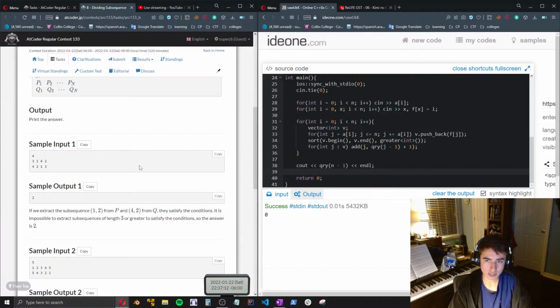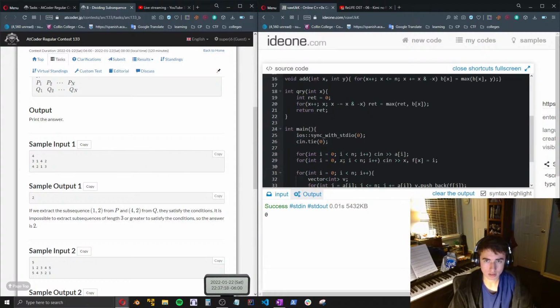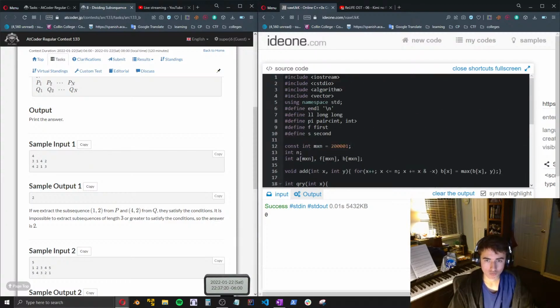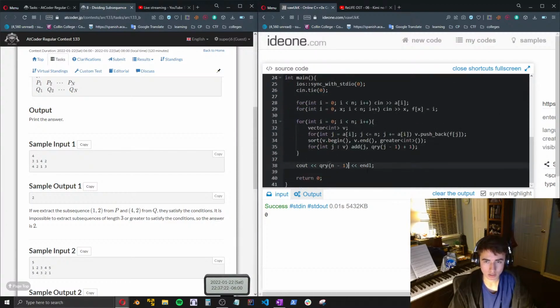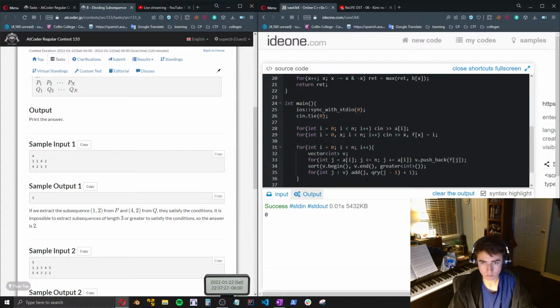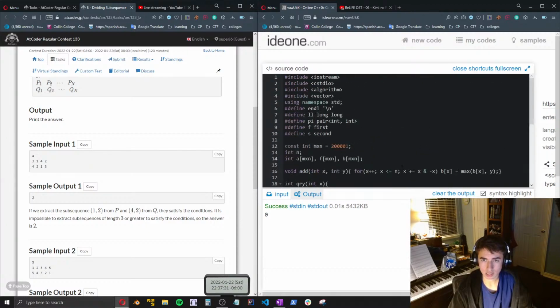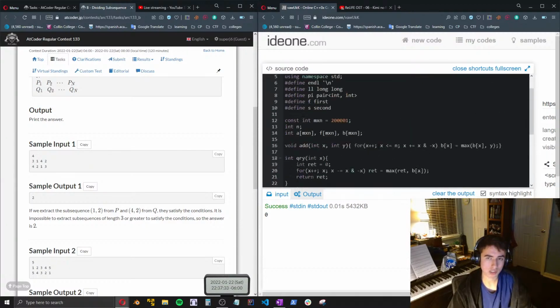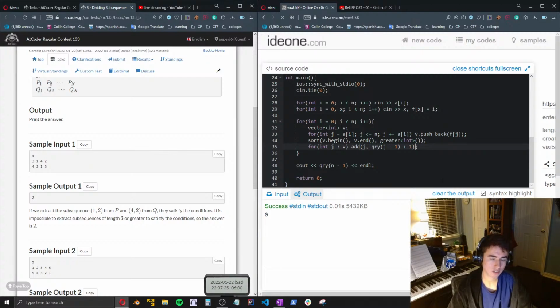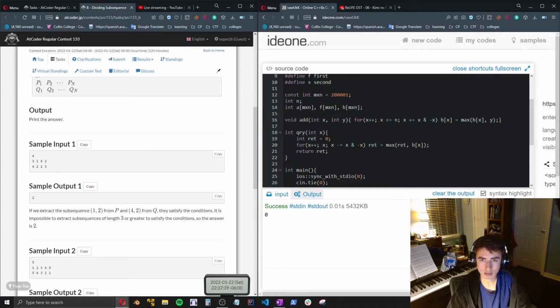Except we got 2, that's it. What am I doing wrong now? Instead of a BIT, we could have also used a monotonic set or monotonic map. But oh well, we already coded this.